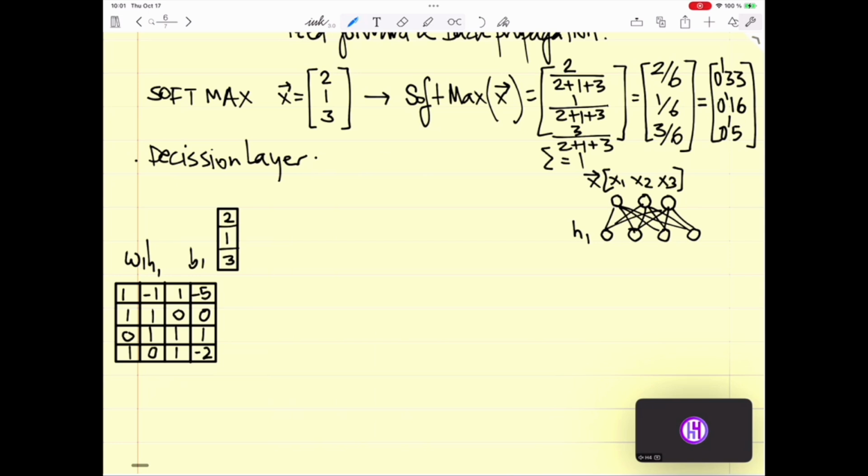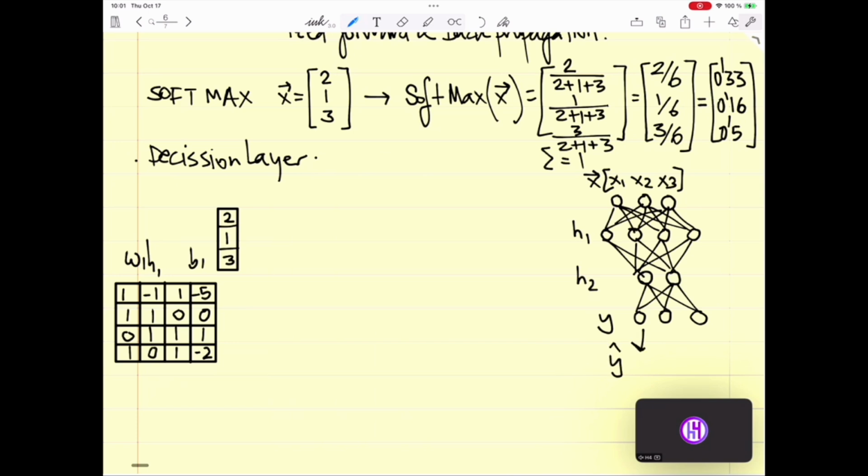So now I get a second hidden layer with 2 elements. And then our output layer with again 3 elements.